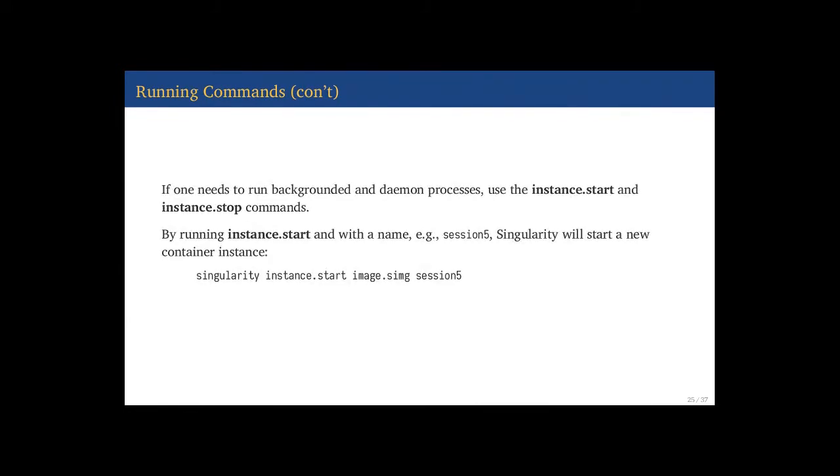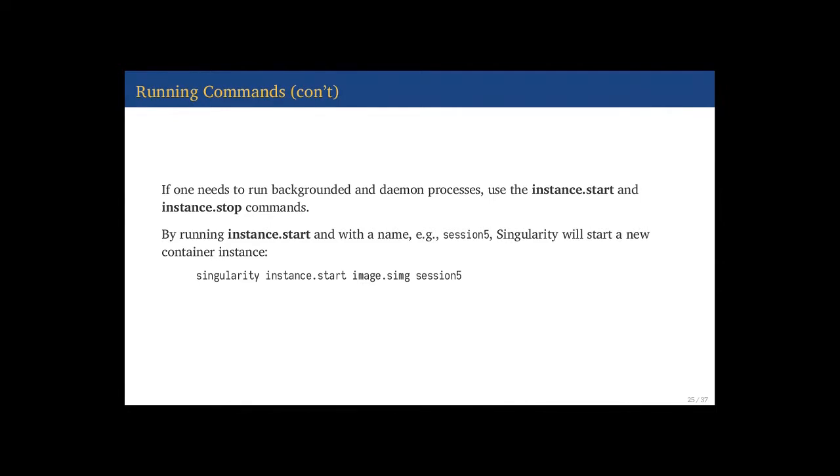Now, if you want to run backgrounded and or daemon processes and play around with them, then you want to use Singularity instances. What you do first is you start an instance. So you say singularity instance start, the name of your image, and give it a name. Whatever the name is, I call it session5 here. Very nice.